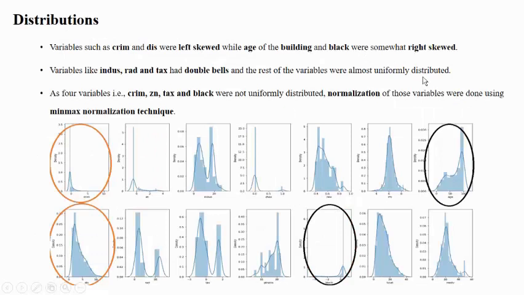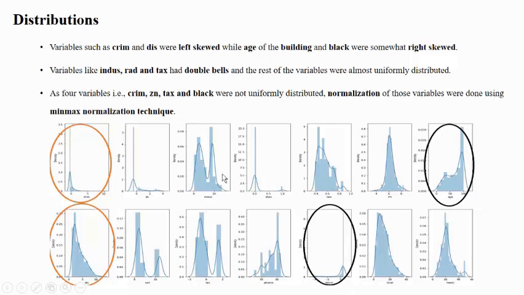So the next thing which I did was I plotted the distribution of all the independent variables, and I found that variables such as crime and distance from the Boston Employment Center, DIS, were left skewed, which is shown in this orange circle in the figure, and the age of the building and the black, these two variables, were somewhat right skewed.